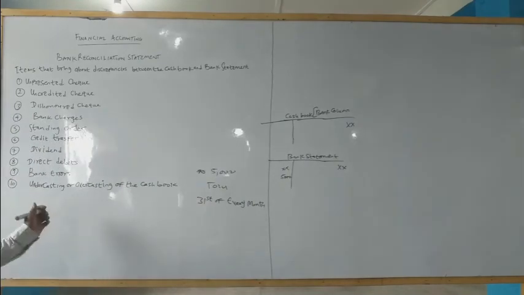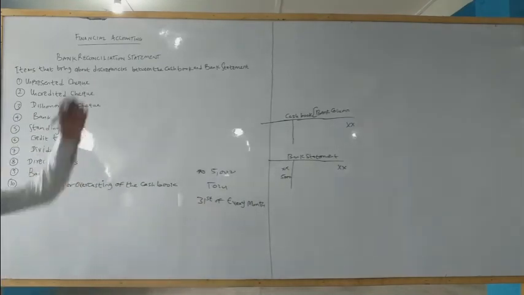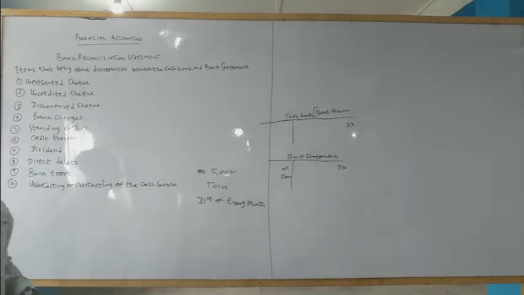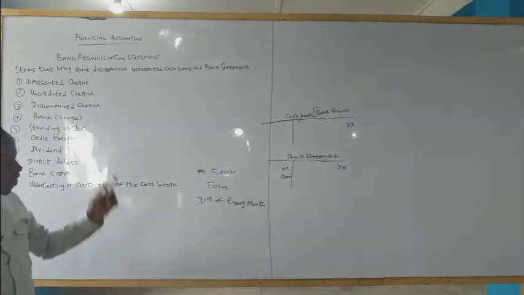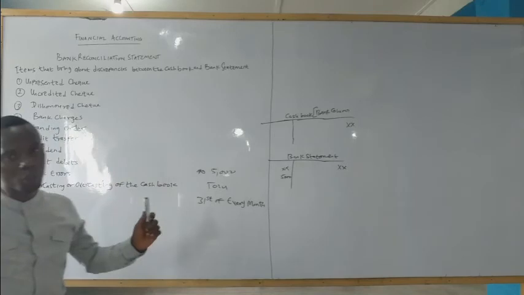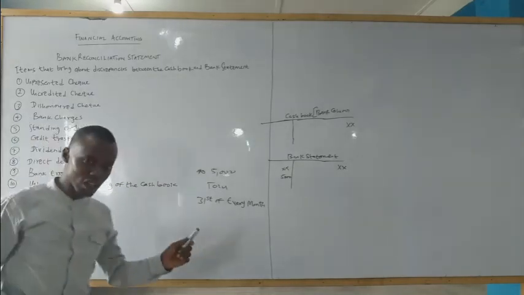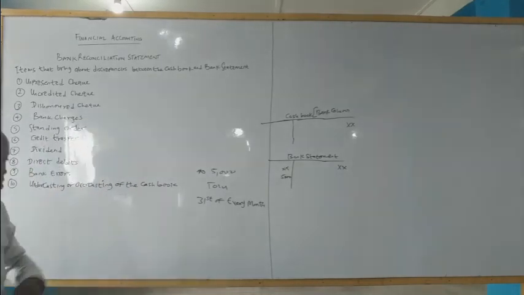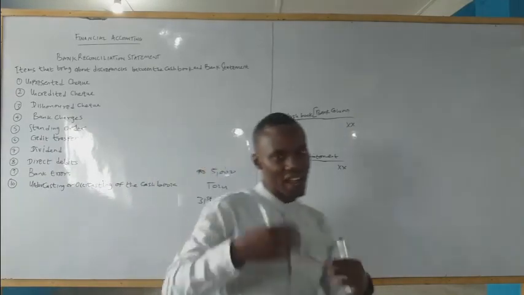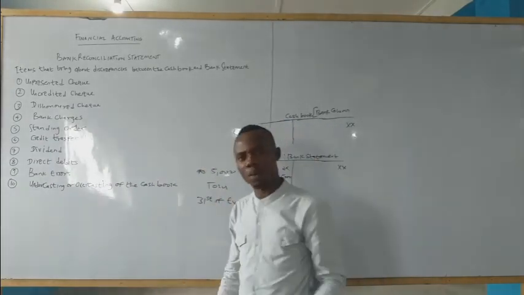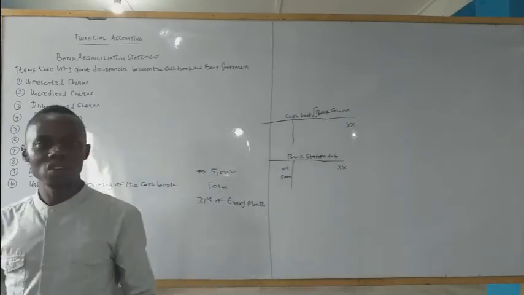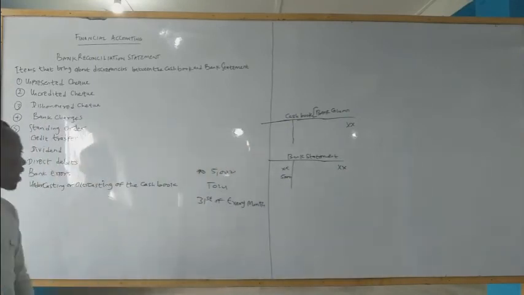You are not ordering the bank to pay a sum of money to some person. No, that's a standing order. But in a direct debit, you are giving the creditor the right to make or initiate a debit transaction in your bank account whenever such money is due. So that is a direct debit.